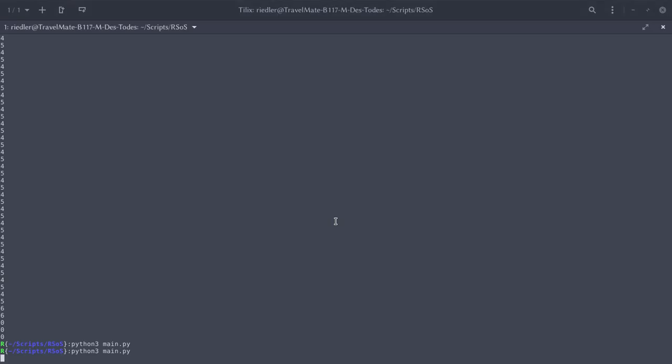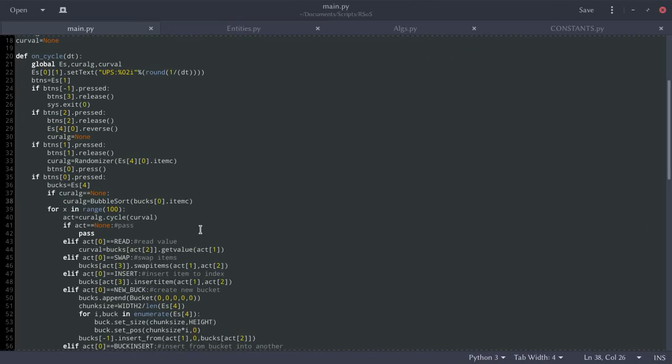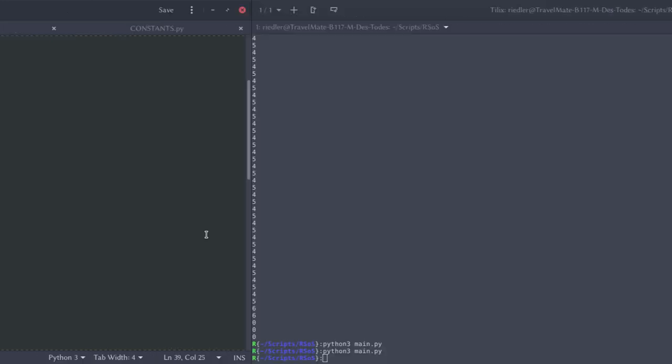That's why I chose to implement it. So as you can see, it is just the bubble algorithm. You can see very clearly where it reads and where it writes. You can see, yes, it is very slow. We have the speed at 100 now. We can slow it down so we can see more of what it actually does.